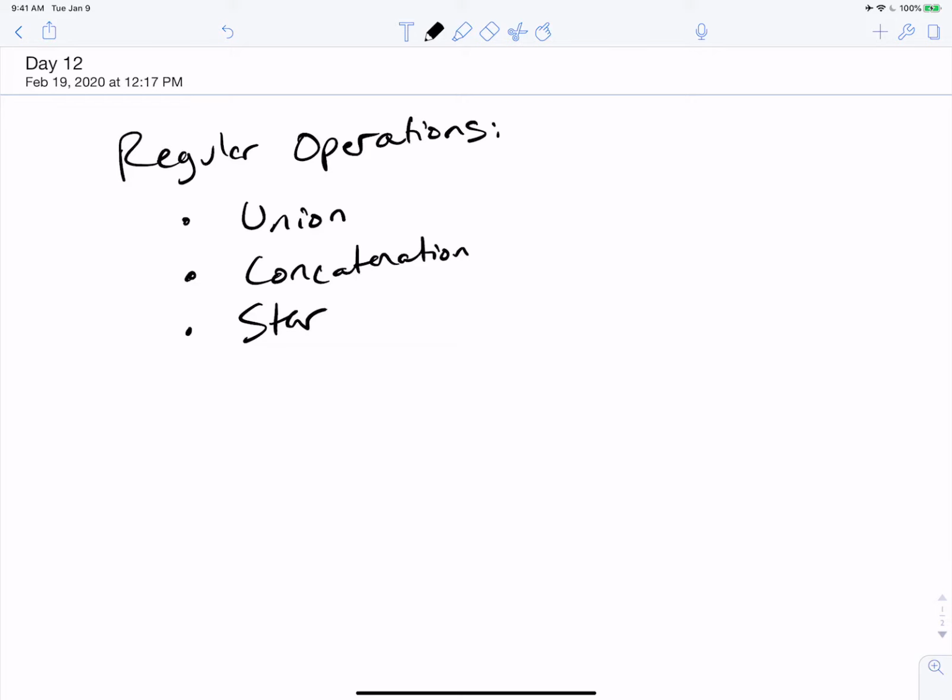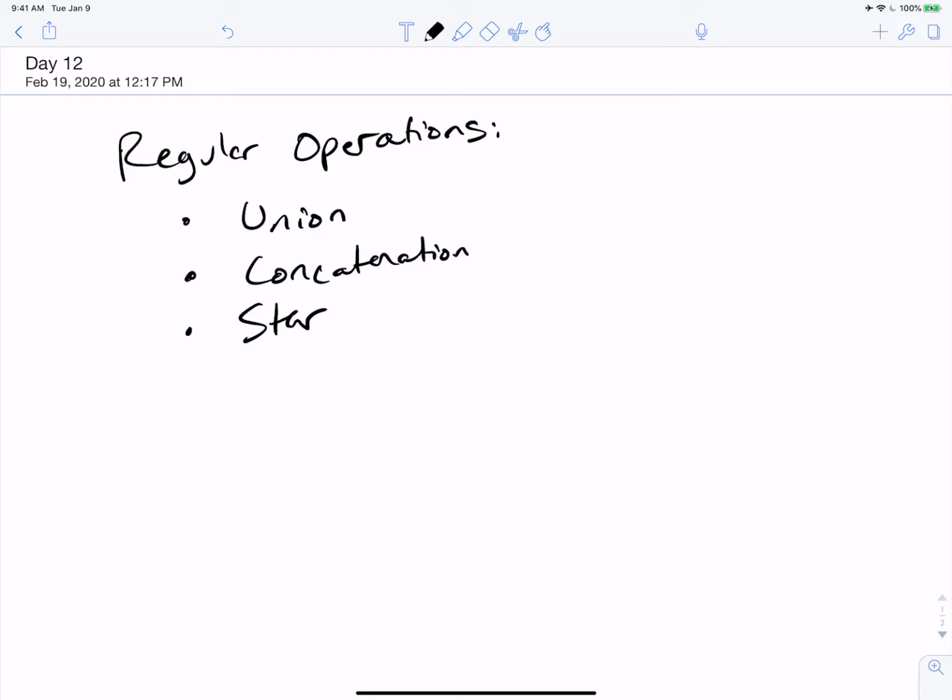And what it means to be a regular operation is that it has nothing to do with regular languages. I know, I hate it too. I hate it more than you do. They're called regular operations, but they have nothing to do necessarily with regular languages.